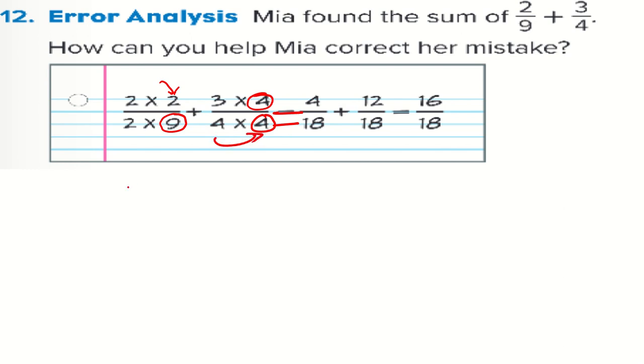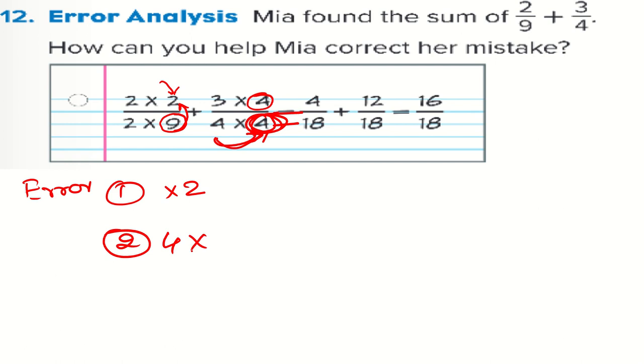So what is the first error? First error is multiply by 2. Okay, this is the first error. She cannot multiply with different numbers, means up and down number should be the same. Now second error is here she should not multiply by 4 because 4 times 4 is not equal to 18. 4 times 4 is not 18.